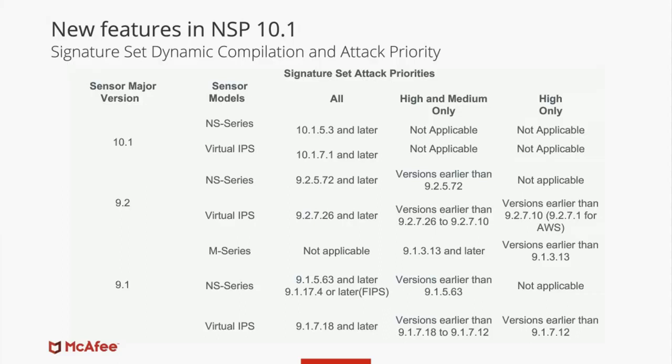In the medium and high options, this is relevant for early version NS-series sensors earlier than 9.2.7.26 for the IPS, virtual IPS, and earlier than 9.2.5.72 for the NS series. And at 10.1, all of the signatures can be used with the sensors that can run that version. The M-series sensors are not supported as a 10.1 release. 9.1 is the last version for M-series.